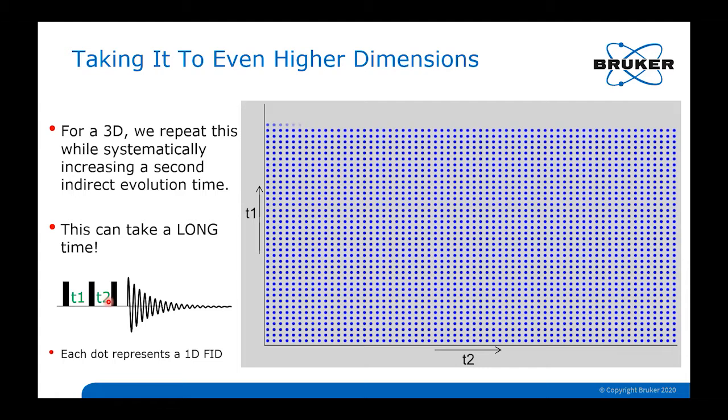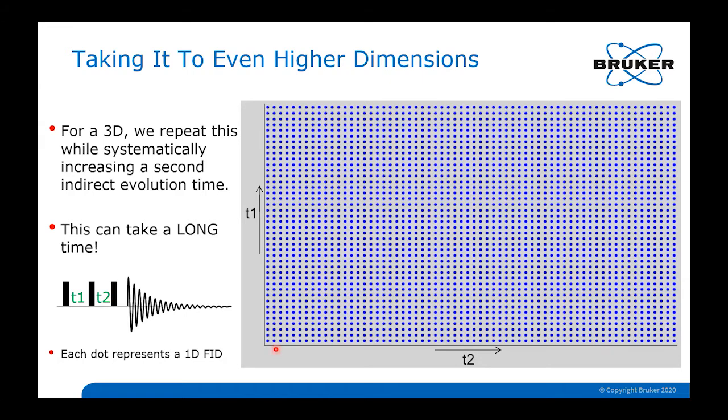Again, each dot here represents a 1D spectrum or a 1D FID. The problem with this is it can take a long time. Each of these FIDs will probably acquire multiple scans, either to get to the necessary signal to noise or to select the coherences of interest. And even with 2D experiments, it can potentially take a long time to get the information that we want at high enough resolution.